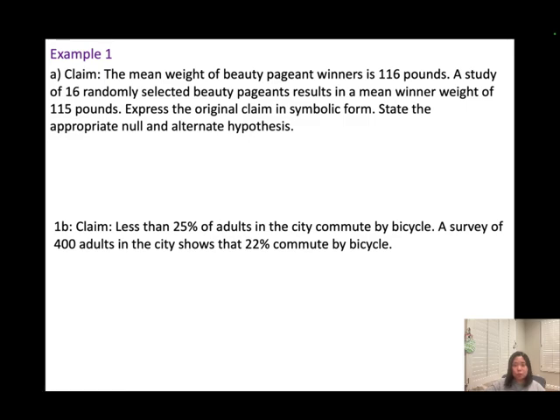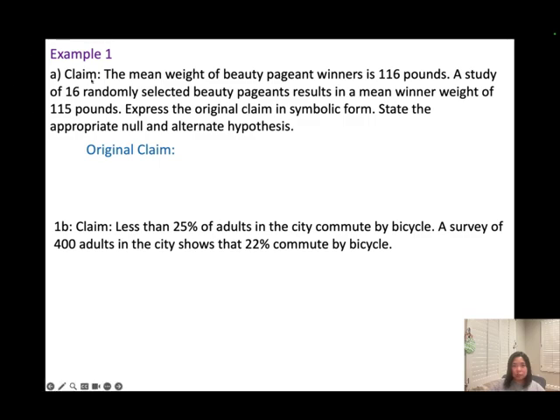Okay, so we need to do two things. First, state the original claim in symbolic form. I want you guys to translate the claim statement from English to the math equation here. So first, we're going to write down the original claim. We need to think about which population parameter they are working on. Are they working with the mean or proportion?